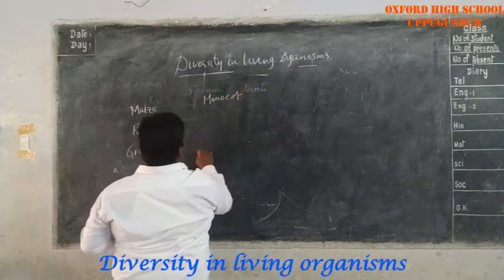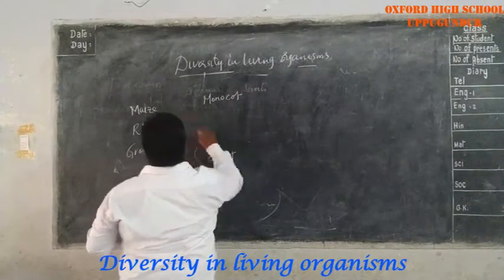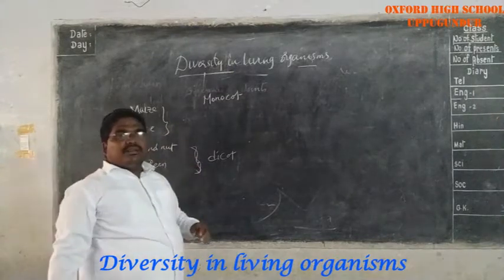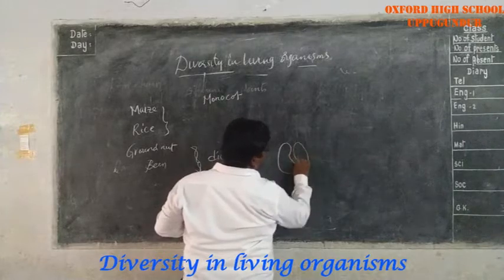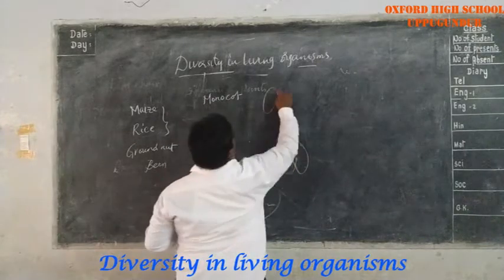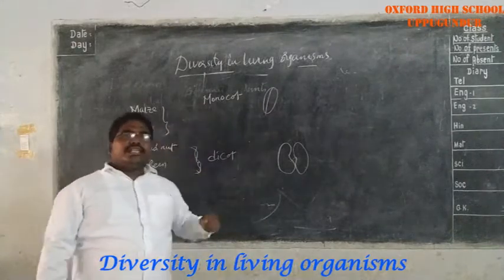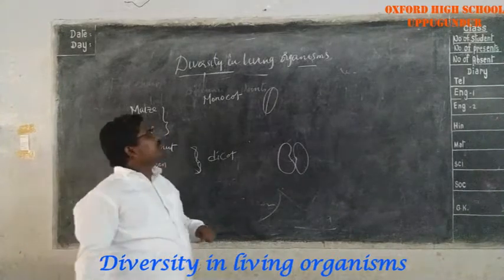It has two seed leaves, dicot. Do you understand this? The seed will divide into two equal halves here. The seed will not divide into two equal halves there. So that is monocot, this is dicot. And observe the leaves of these plants.